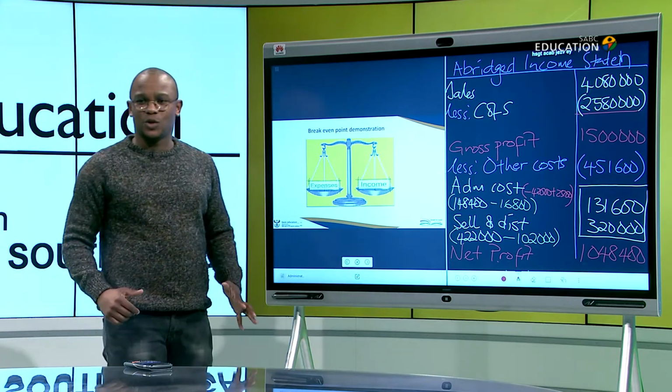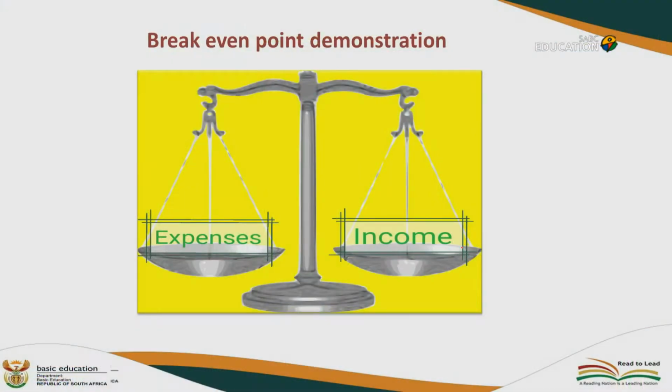Okay, the next one, my dear learners, I'll be teaching you about the break-even point. One is asking himself or herself to say, why this picture? Why this diagram? Is this all about gender equality? No, my dear learners. Yes, it is break-even point.